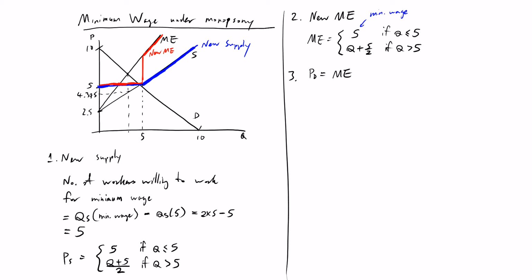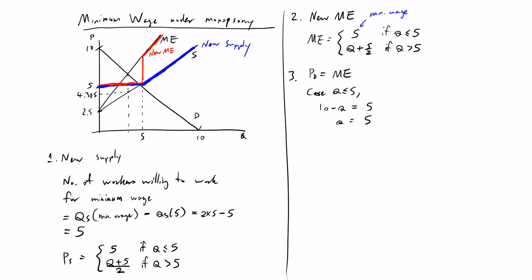So let's see. Case Q equals 5. So we need to consider two cases. The first case is what if Q is smaller than 5, then you have demand being 10 minus Q, right? 10 minus Q equals 5, Q equals 5.